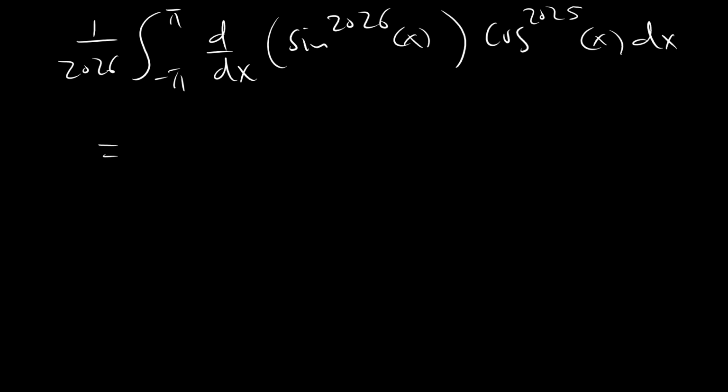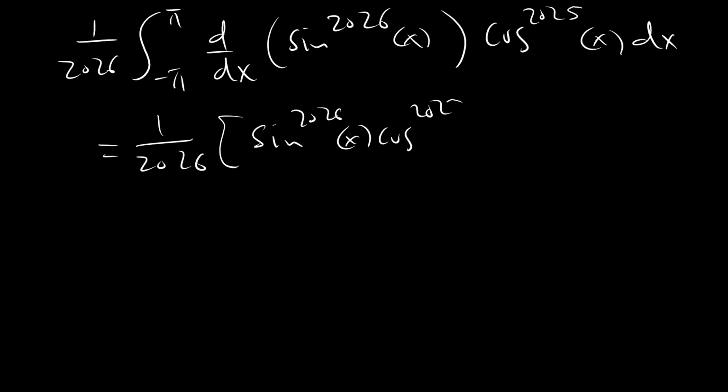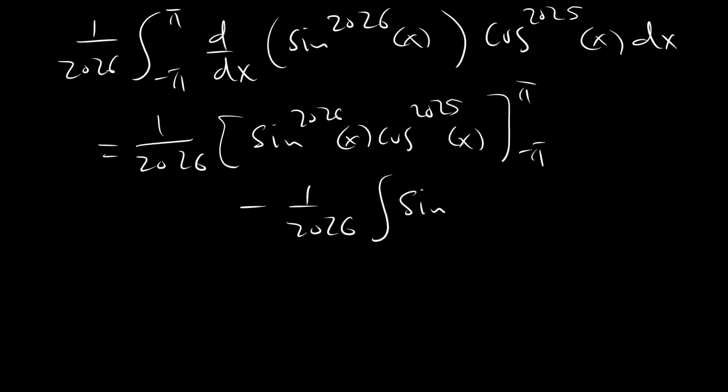So uv will happen to be that, evaluated at the limits, minus the integral of u times the derivative of v.